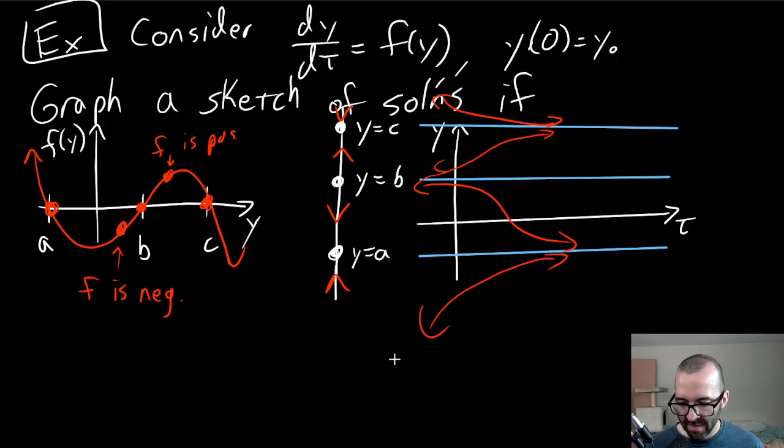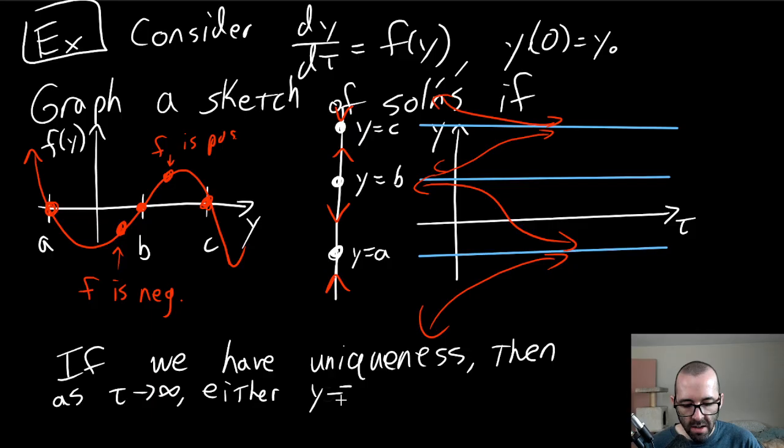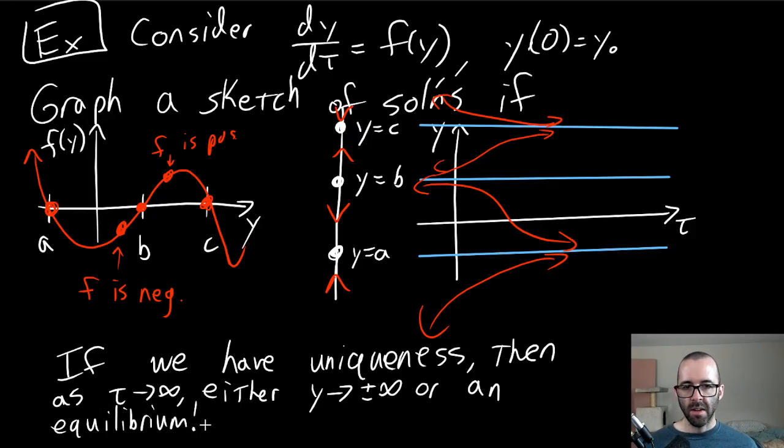All right. This is something I talked about earlier, but we do know that if we have uniqueness of solutions, then as t goes to infinity, y either goes to plus or minus infinity or to an equilibrium.